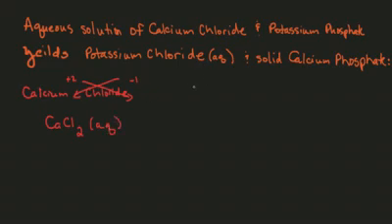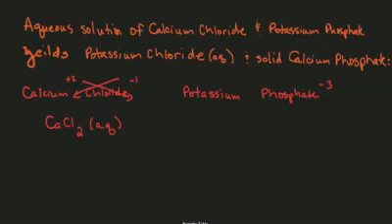So the next thing we have is potassium phosphate. Now notice it says phosphate and not phosphide. So phosphate is referring to the polyatomic ion. And it has a charge of -3.